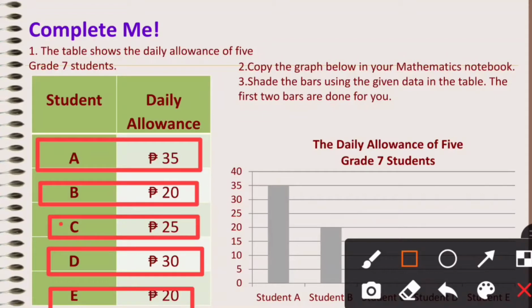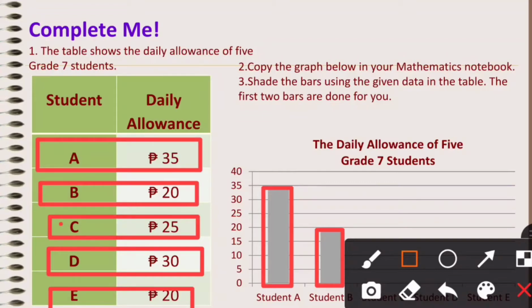So as you can see, we have here the bar for student A. For the first student, ayan, 35 pesos. Next, we have student B. We have here, ayan, 20 pesos.